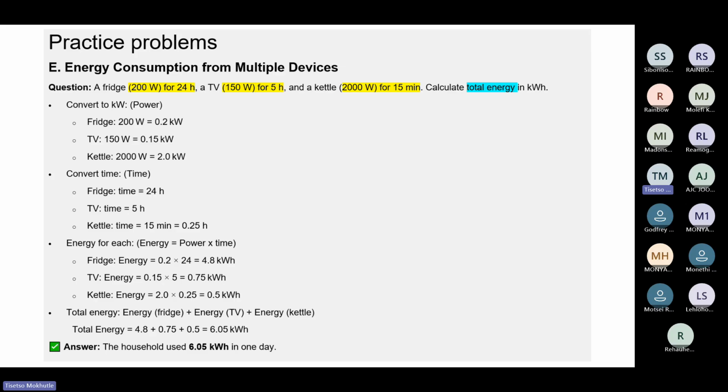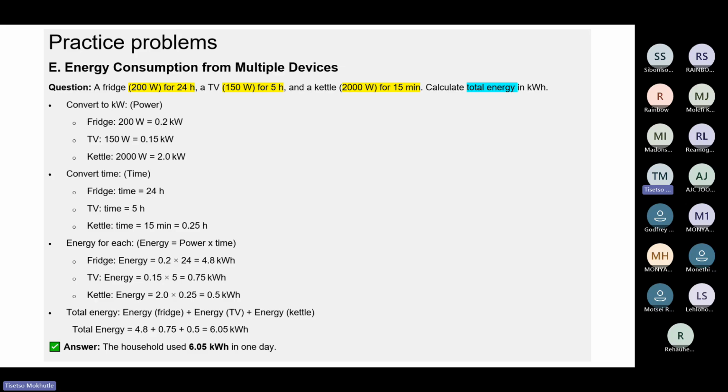So we do the conversions for the powers. Fridge 200 watts will be 0.2 kilowatts. TV 150 watts divided by 1,000 will be 0.15. The kettle from 2,000 watts will be 2 kilowatts. Now the other conversions are the times. The fridge, we leave it as it is.